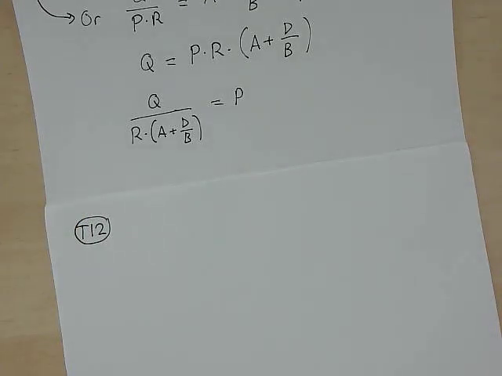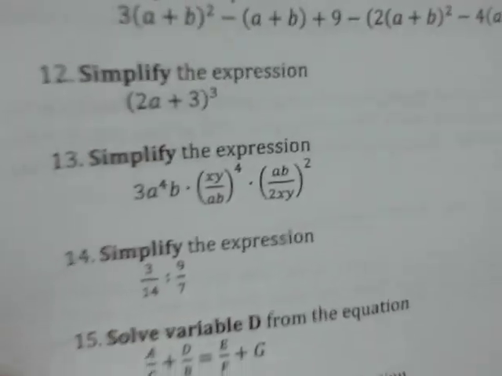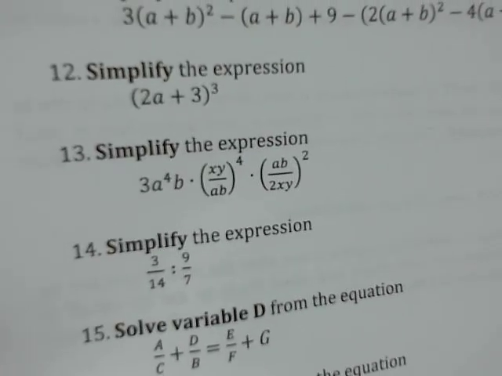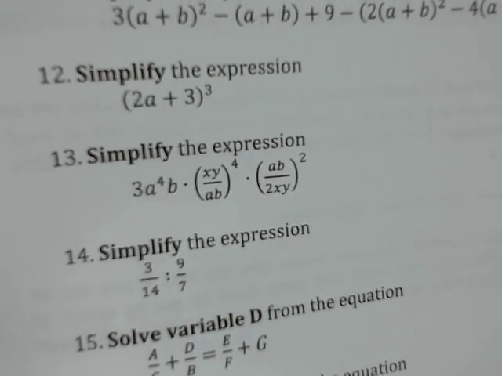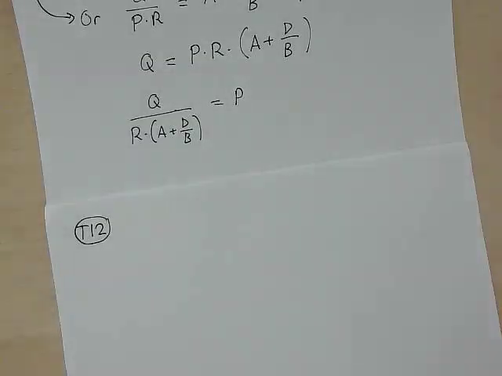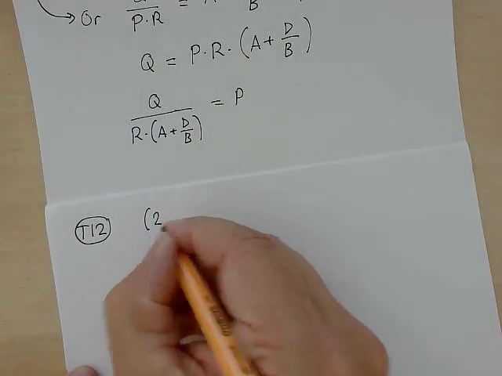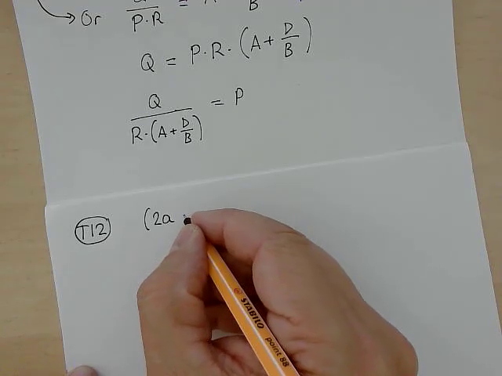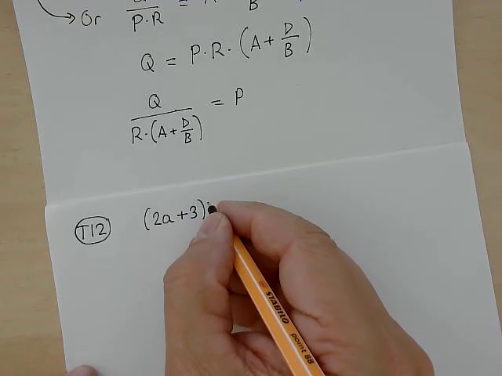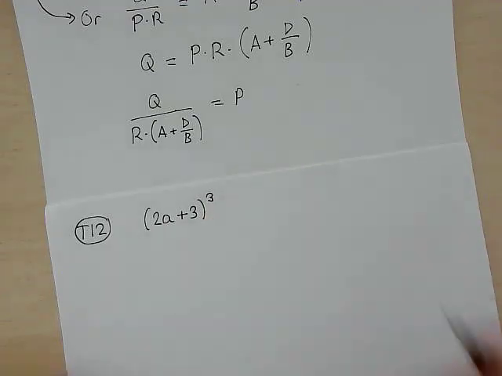This problem 12 is a cubic expression, or an expression where there is a binomial expression inside the brackets, and the exponent or power is 3. So we have (2a plus 3) raised to the power 3.